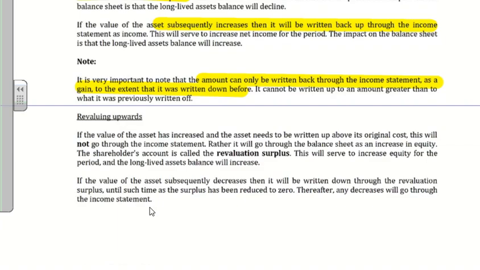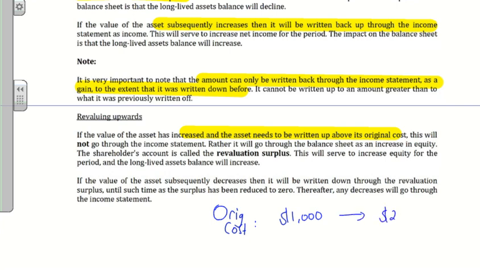If the value of the asset increased and the asset needs to be written up above what you even paid for, let's say, for example, you paid $1,000 for it. That was its original cost, $1,000, and now the property that you bought is now worth $2,000. So we need to increase its value per the revaluation method, per IFRS only.